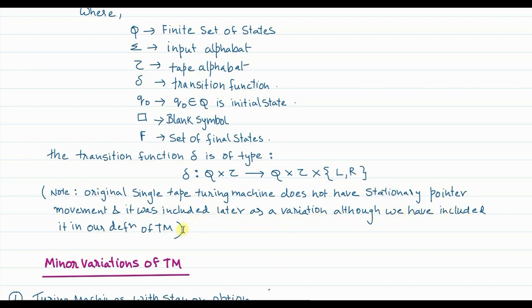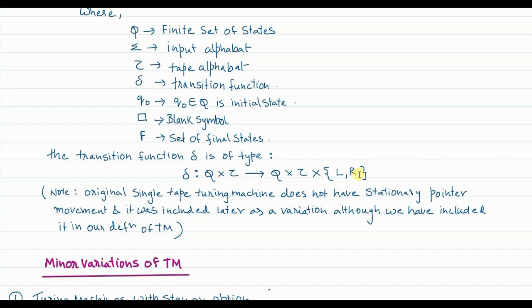Remember that when I introduced the concept of Turing machine, I told you that the transition function is of the type Q cross tau gives Q cross tau cross L, R, and S also was mentioned. I did not tell you at that time that the Turing machine we are actually using is a variation of the Turing machine, just a small modification.